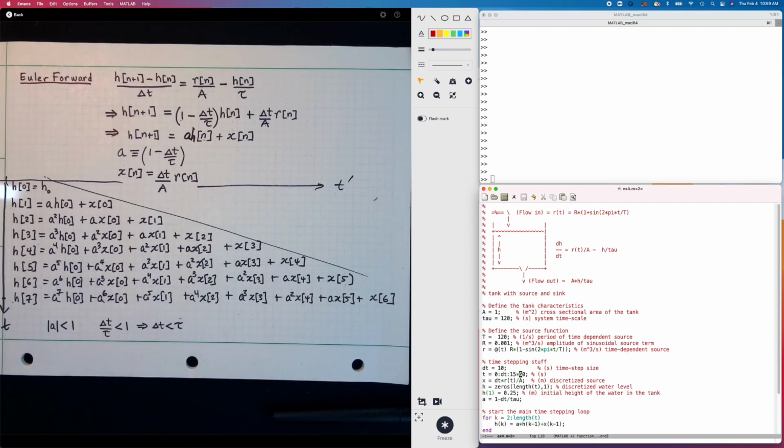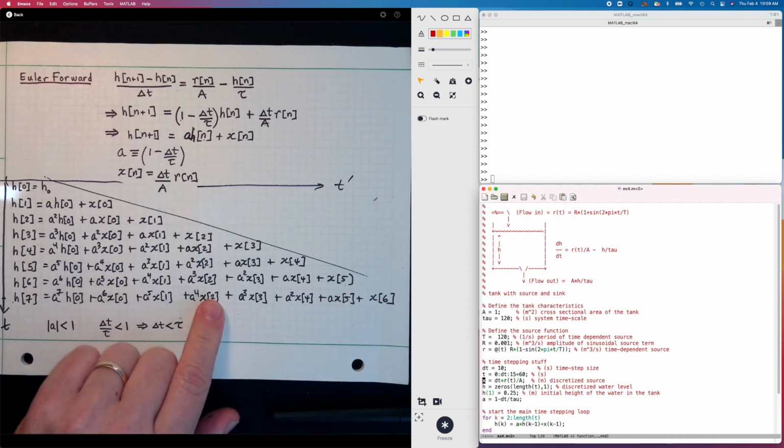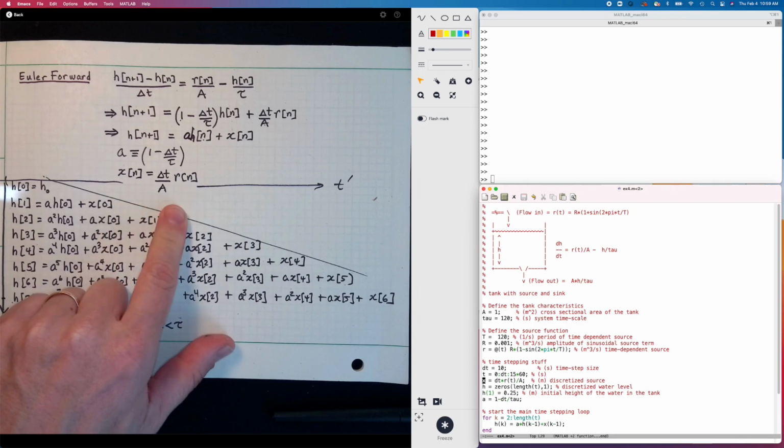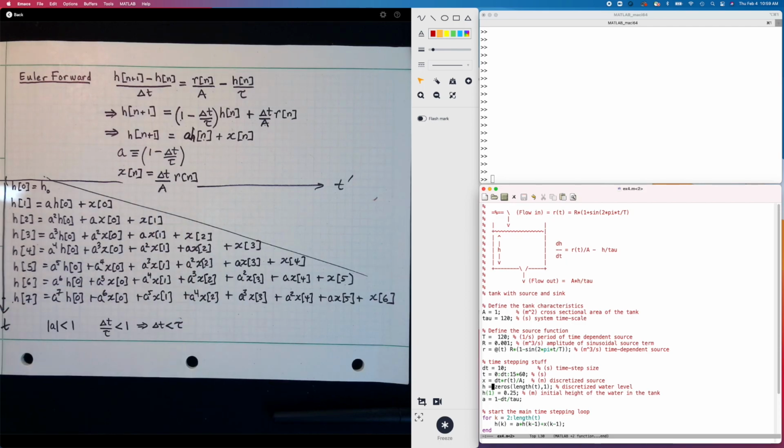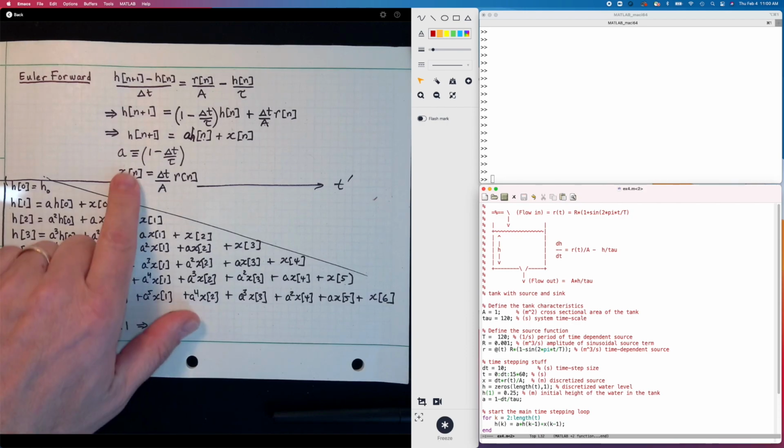And then I have the discrete time for 15 minutes, the forcing function x, like I have over here, right? dt times r divided by a. Then I have the discrete height, where it's discretized in time. And for the initial condition, I put in 1/4 of a meter. And then I define the parameter a that appears over here: 1 minus the ratio of delta t to tau.